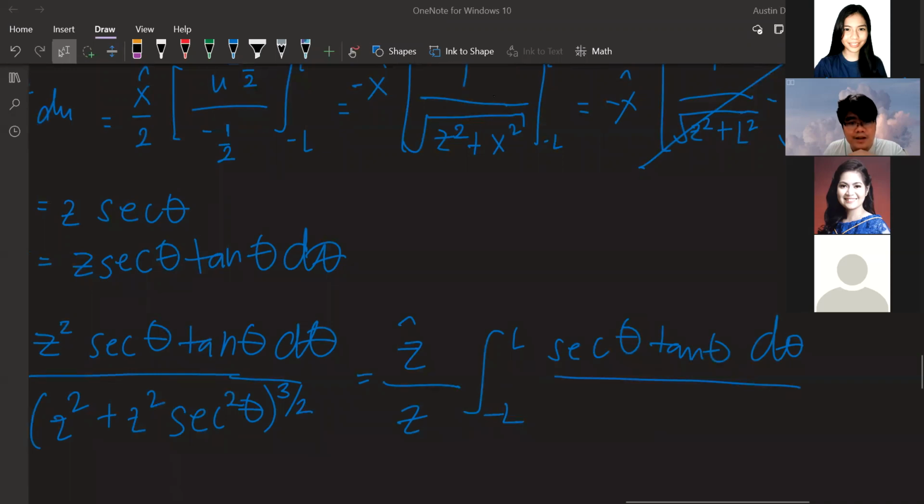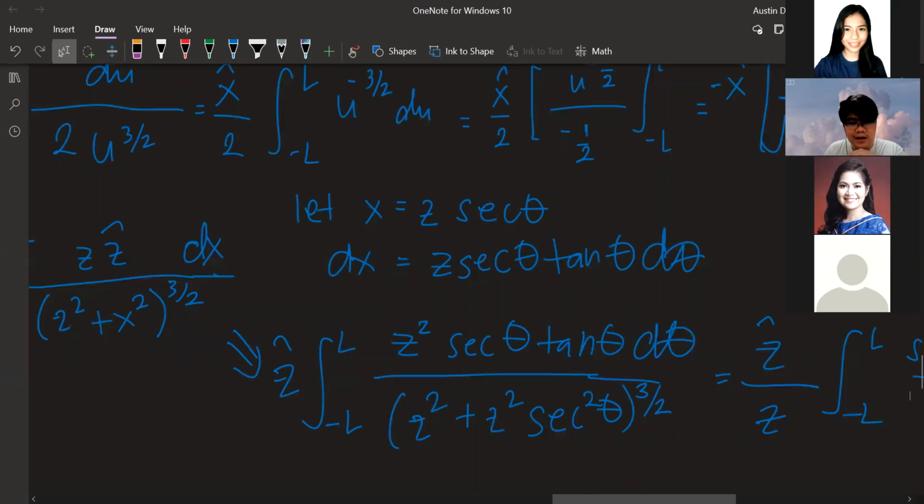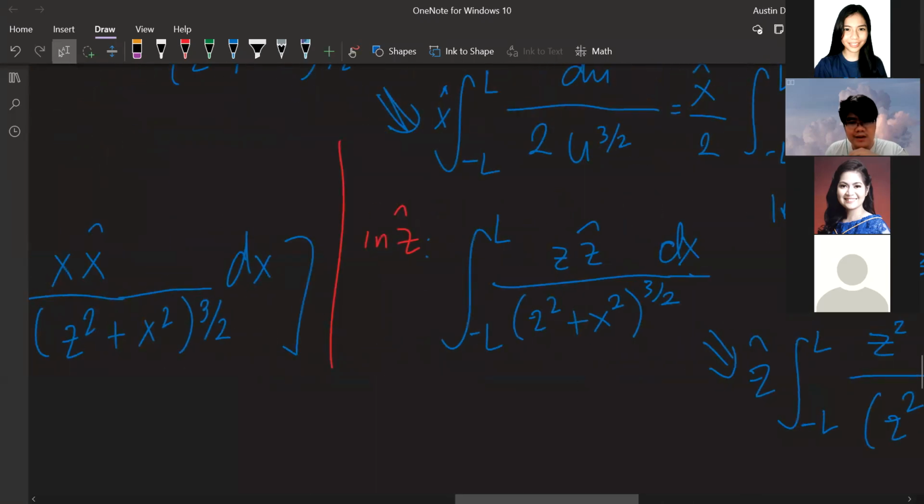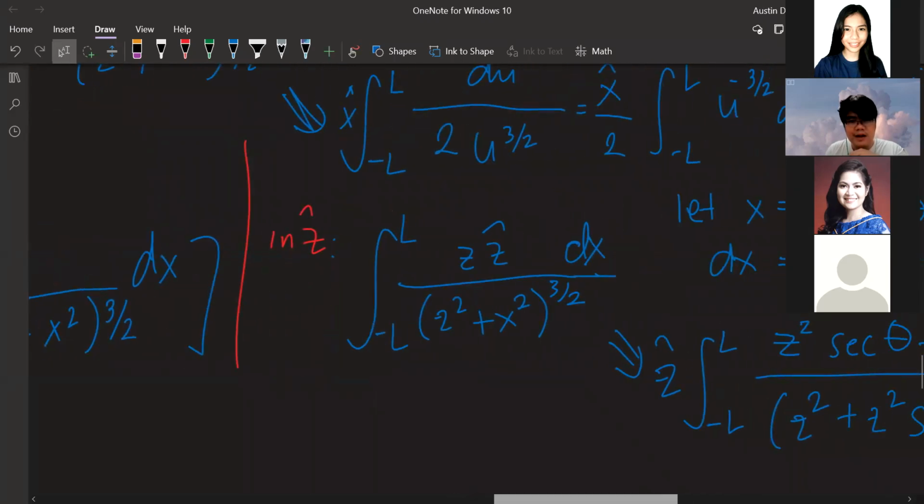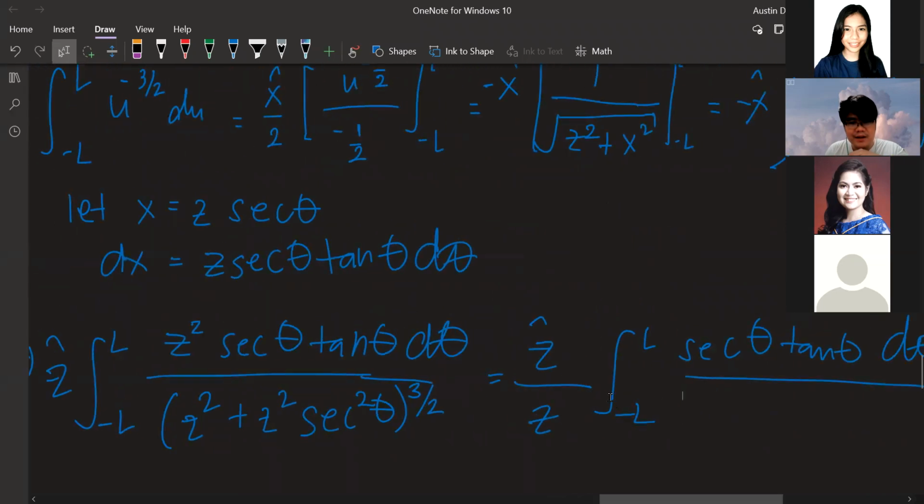Sir, ano po nangyari sa z hat? Walang nangyari sa z hat. It's just there. I'm just factoring things. May z squared kasi tayo sa numerator. And if we factor out the z squared here, tatablan siya ng 3/2. So magiging cube yung power niya. So z squared over z cube will be 1 over z.